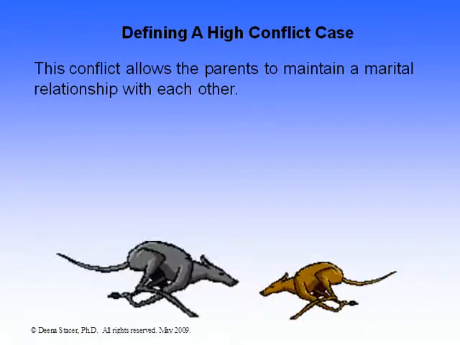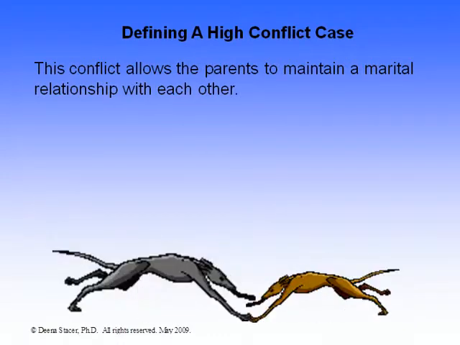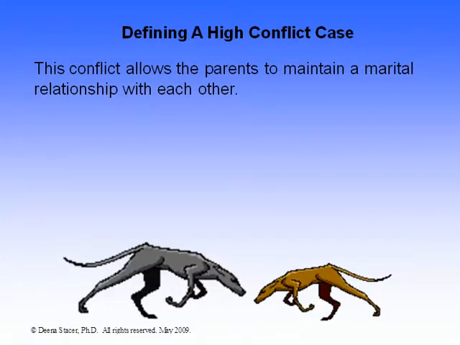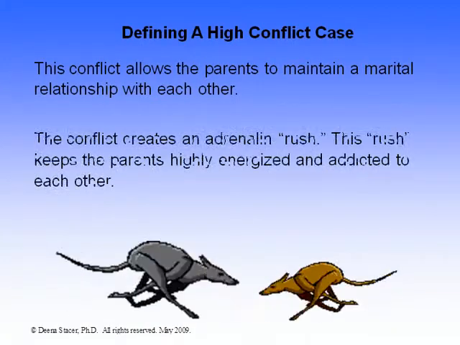As long as they're engaged with the war, the emotional energy, the psychological feelings, the physical energy of writing stuff and going to court and arguing and all that other stuff, they never have to deal with the pure fear or emptiness. The other thing that happens is the conflict then becomes an adrenaline rush.